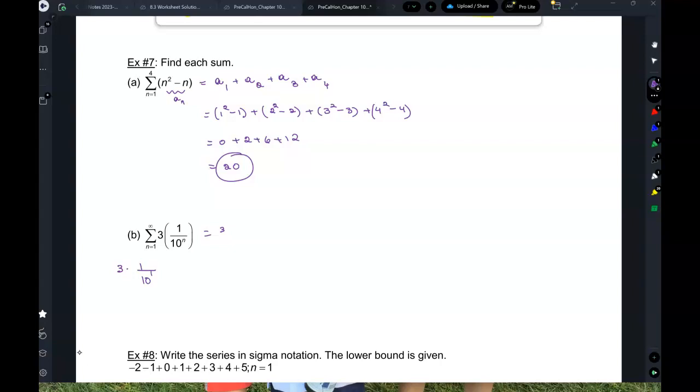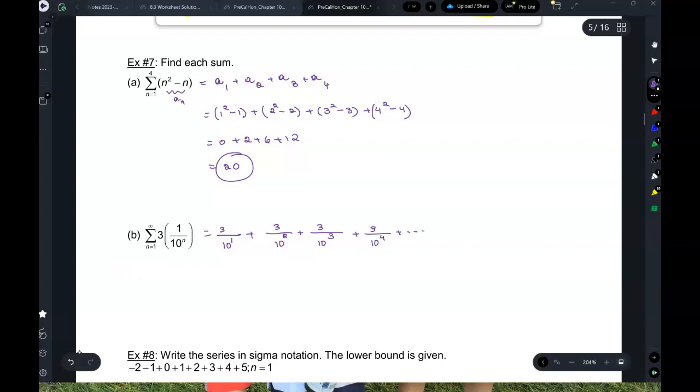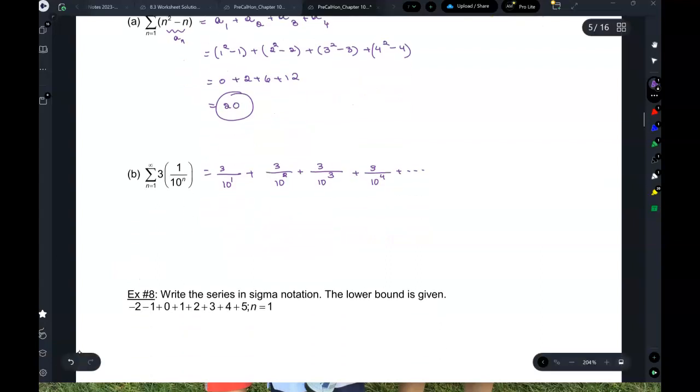But can I concisely write that as 3 over 10 to the 1? Are you guys okay with that? So the next one would be 3 over what? 10 to the 2. 3 over 10 cubed. 3 over 10 to the 4. Dot, dot, dot. Again, don't ask me how many you need. You need at least 4 until you see a pattern, okay?